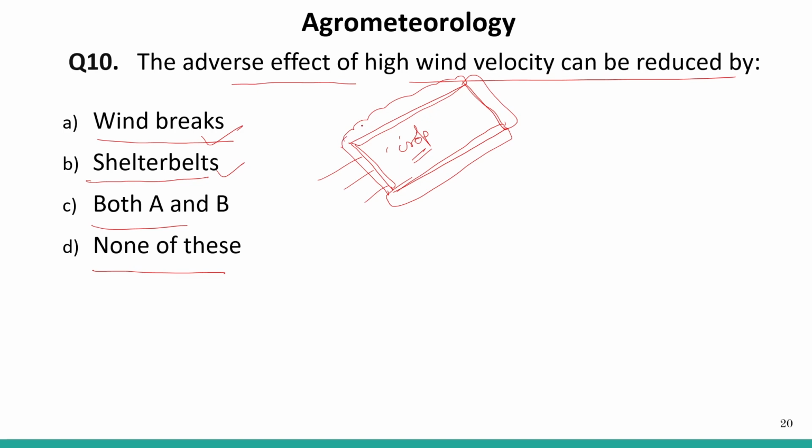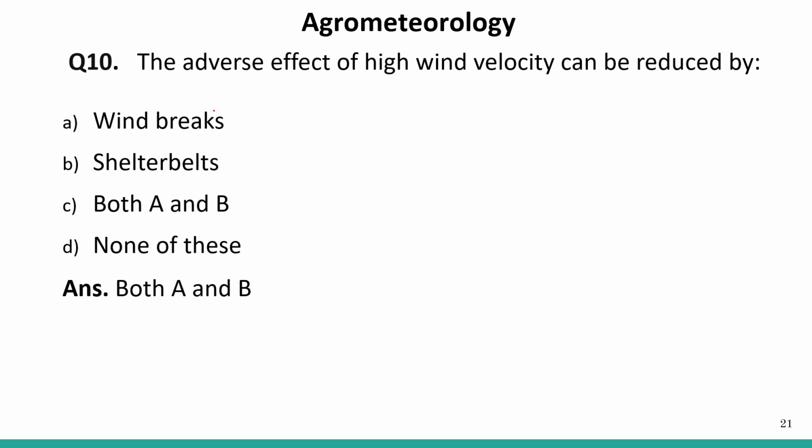Okay, so windbreaks are just one or two layers, whereas the shelter belts are in more layers, right? So the adverse effect of high wind velocity can be reduced by both the ways, by windbreaks and also by the shelter belts. So the correct answer is both A and B, right?